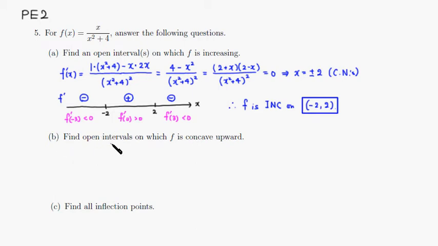We want to find an open interval on which f is concave upward, so we have to take the derivative again. We look at the second derivative, f double prime of x. Again, quotient rule. I'll look at this one and take the derivative.